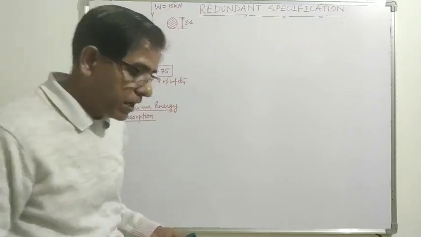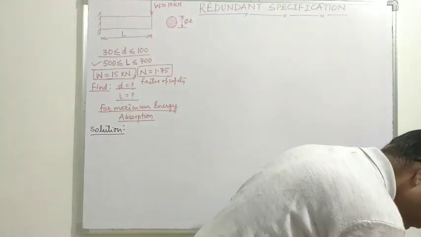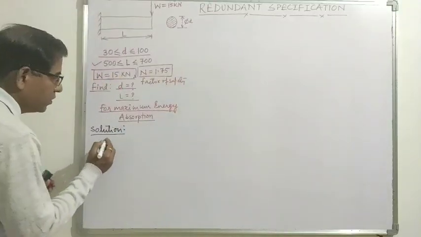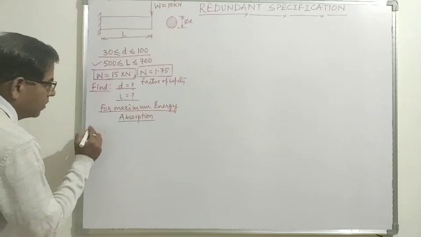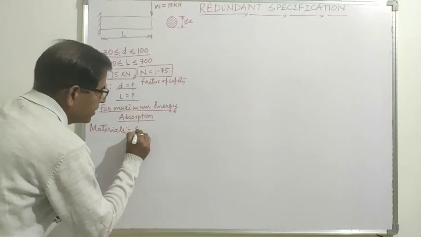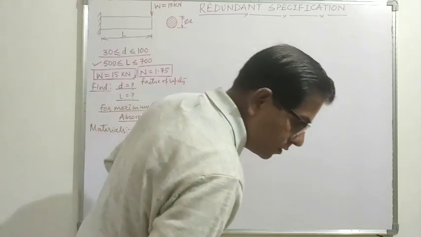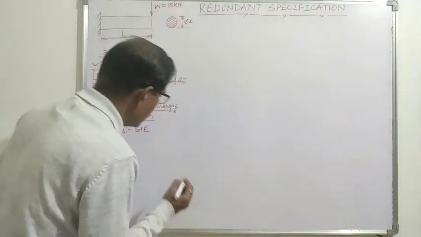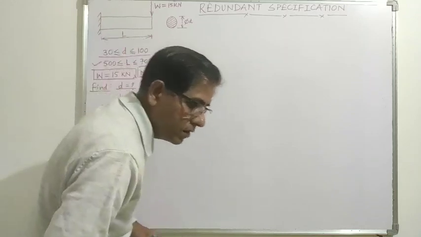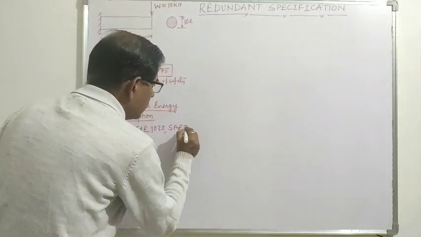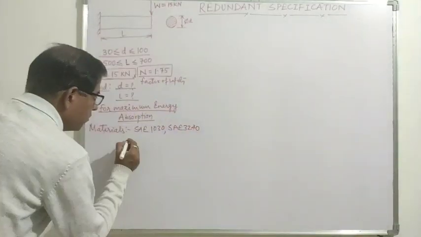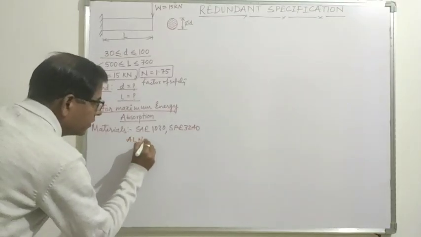Now there are three materials given: SAE 1030, then SAE 3240, and aluminium number 38.